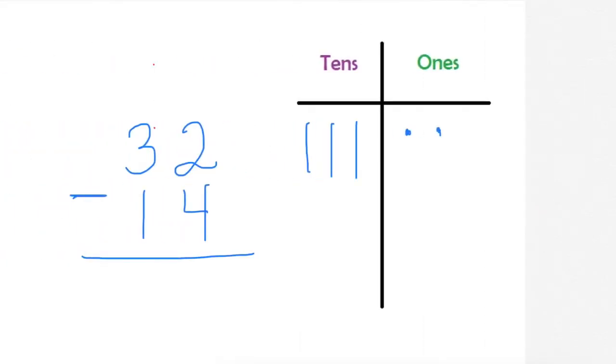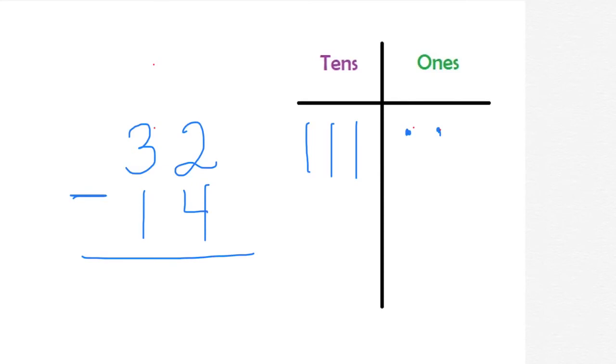Now let's look at a subtraction problem that will require regrouping. We have 32 minus 14. They're represented with 3 in the tens column and 2 in the ones column. Looking at the ones column, I need to subtract 4 from the 2 that I have there.